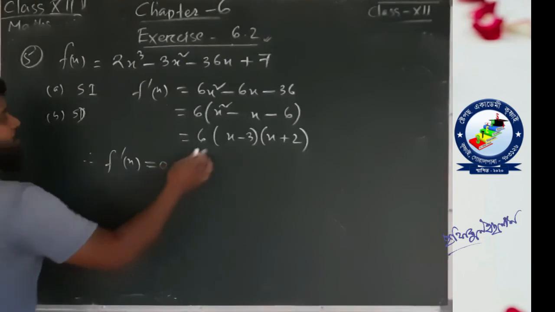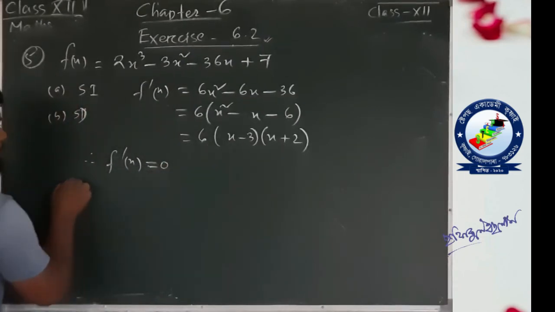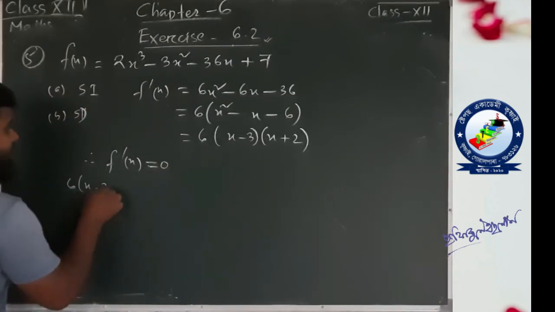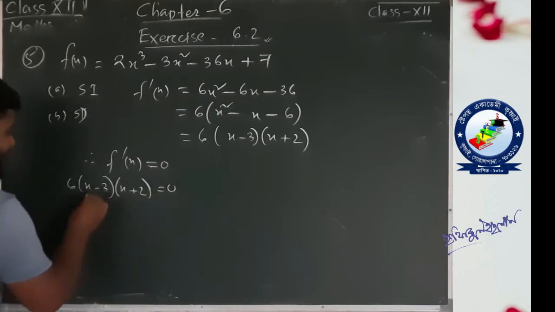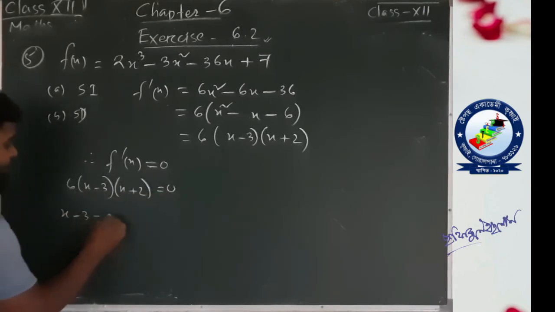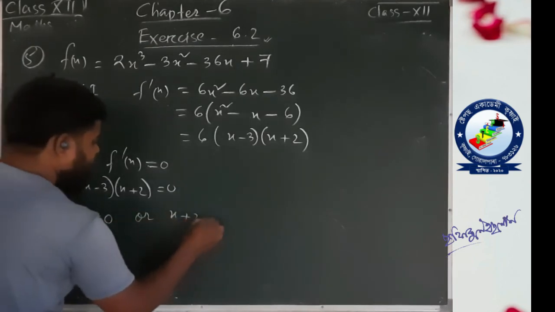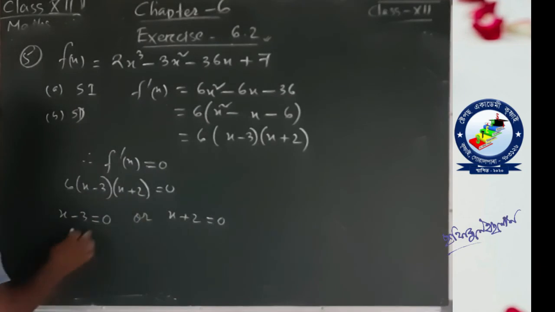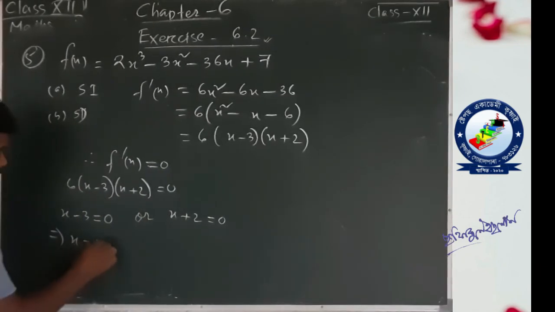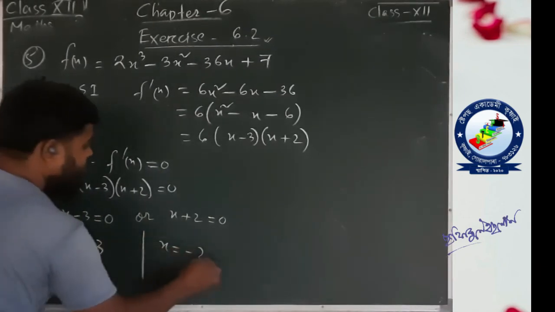So f dash x equal to 0 means x minus 3 into x plus 2 equal to 0. 6 cannot be 0, so either x minus 3 is 0 or x plus 2 is 0, then only the product will be 0. So x equal to 3 or x equal to minus 2.